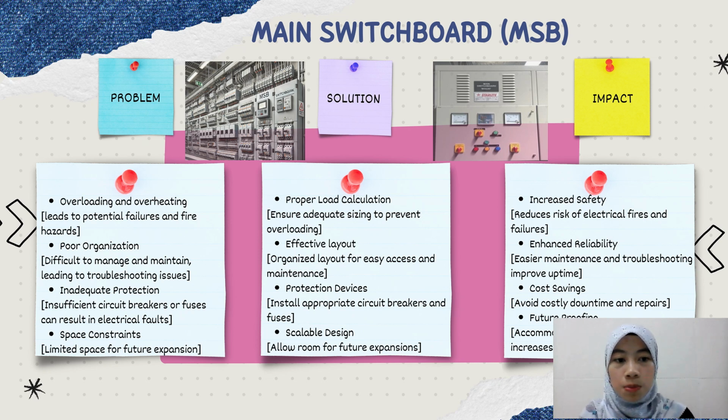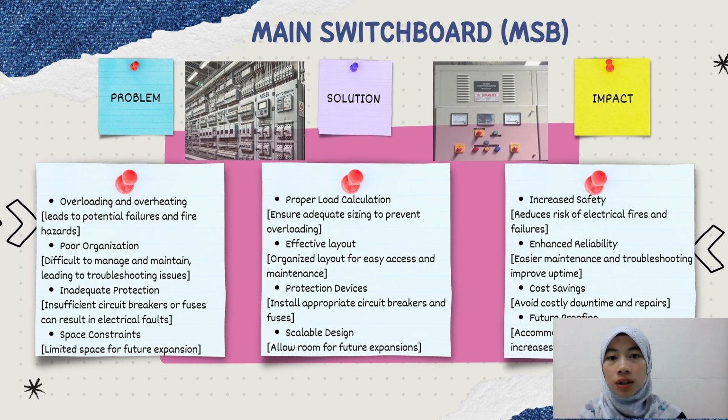And lastly, for the impact of all the problems and solutions, implementing these solutions for the main switchboard results in increased safety, reducing the risk of electrical fires and failures. Enhanced reliability is also achieved through easier maintenance and troubleshooting, and it improves uptime.